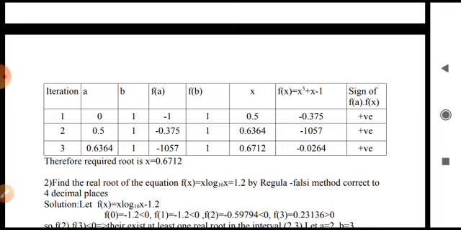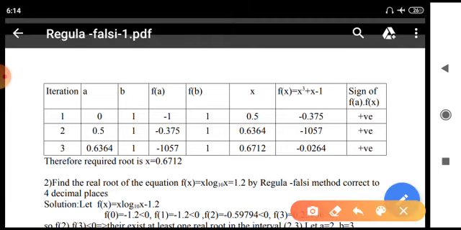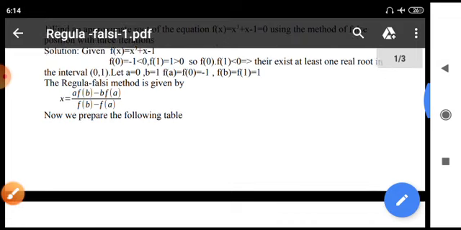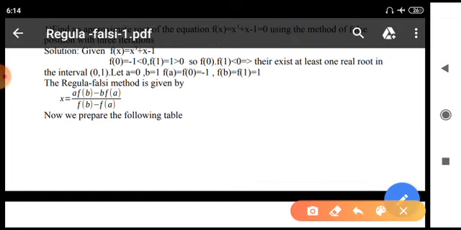Now we start with the first approximation or iteration. We know that a is 0, b is 1. Corresponding f of a, f of 0, is minus 1. f of b is 1. Now we have to calculate the x value. How do we calculate it? The formula is x equal to a into f of b minus b into f of a, whole divided by f of b minus f of a.